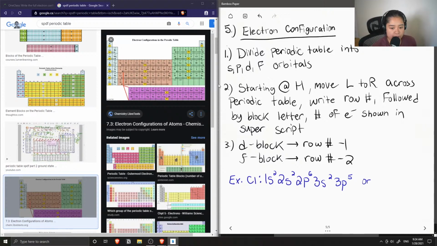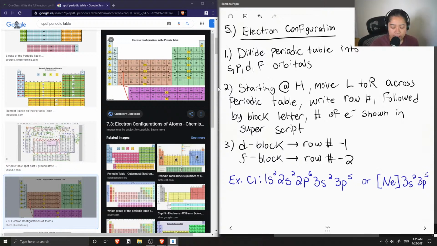And if we wanted to write the shorthand configuration, we would find the noble gas that comes before chlorine. So in this case, it's neon. And then we'd write neon in square brackets. And then just continue on writing the electron configuration as is. So you write neon and then 3s2, 3p5.